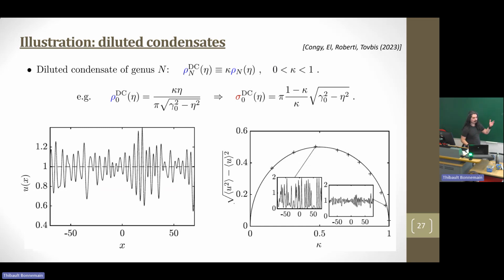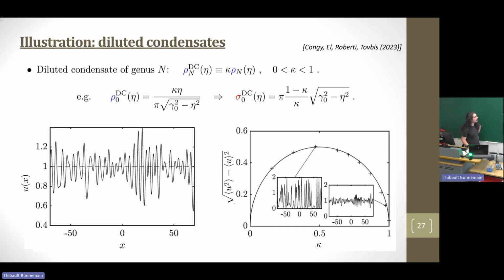Okay, so a genus N diluted condensate is essentially an incoherent N-phase solution. So the phenomenology that you have here is pretty rich, and it describes things that were previously completely out of reach.